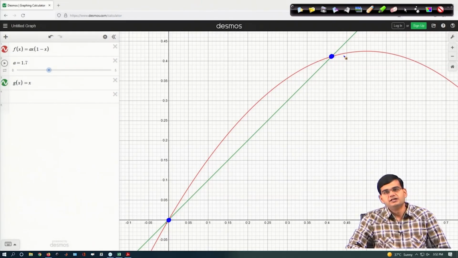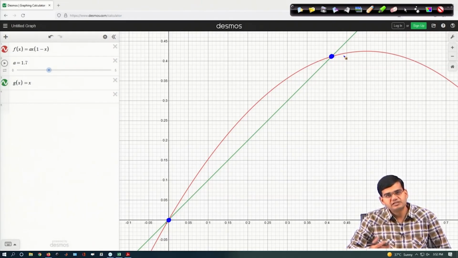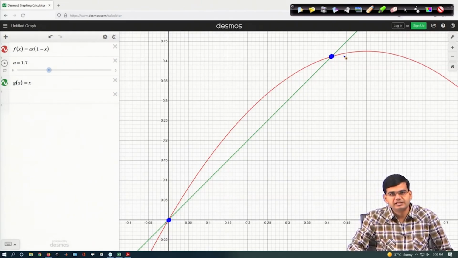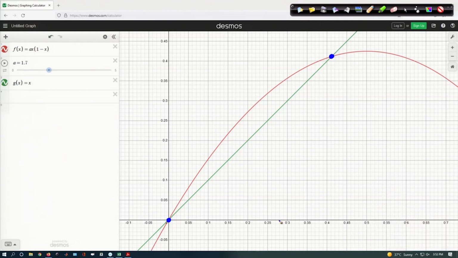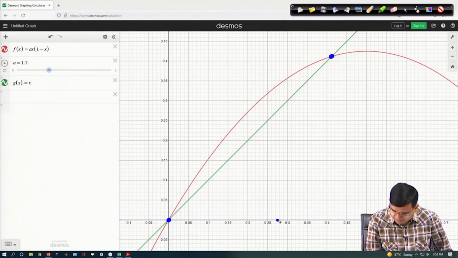Now, let me start with some x 0, say x 0 is equal to 0.275.